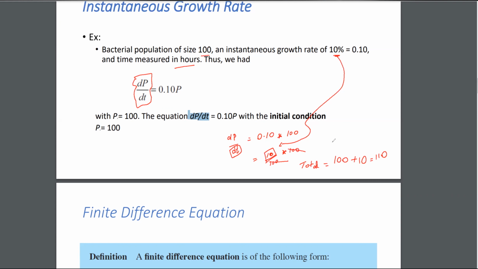What does this mean? The old value plus the change gives you the new value. The old value is the initial value, and the change is this value, and together they give you the new value.